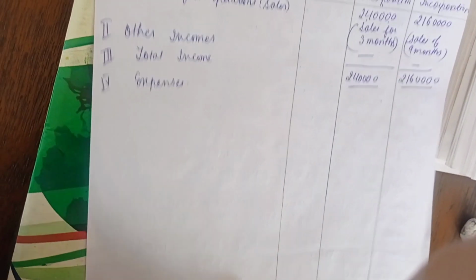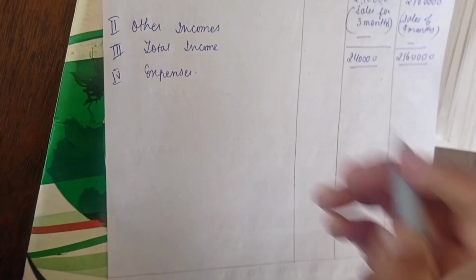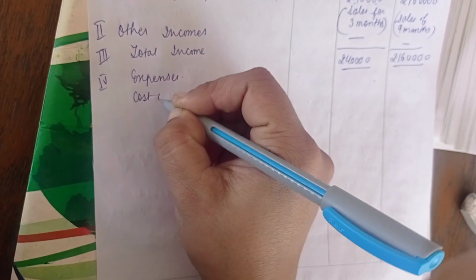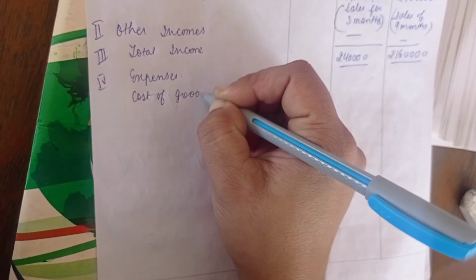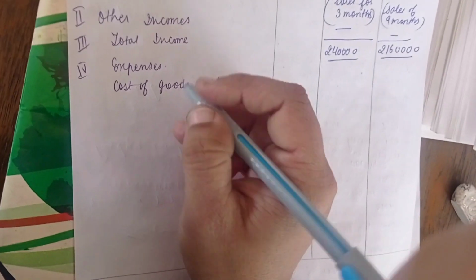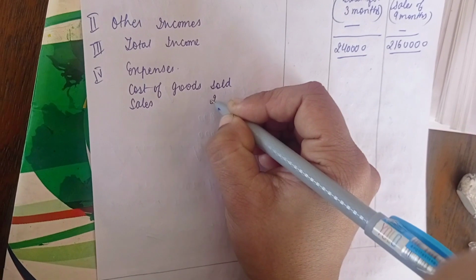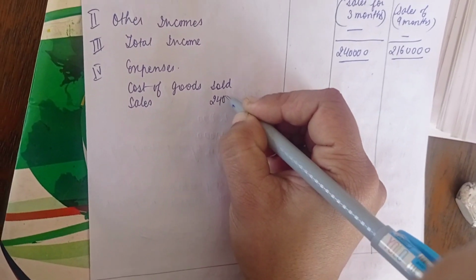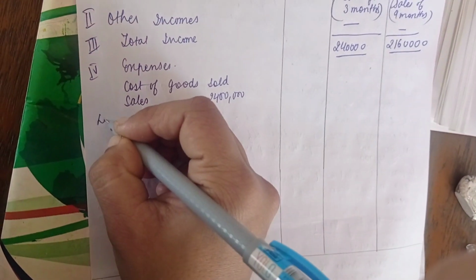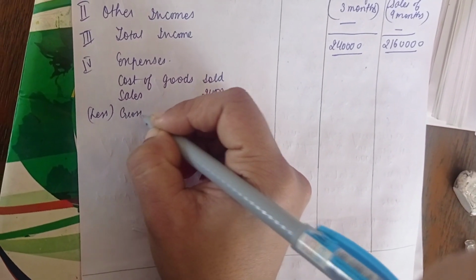Expenses are given here. Now we will calculate the COGS, that is cost of goods sold. Cost of goods sold: the sale of the whole period, that is 24 lakh rupees, we will subtract from here the gross profit.